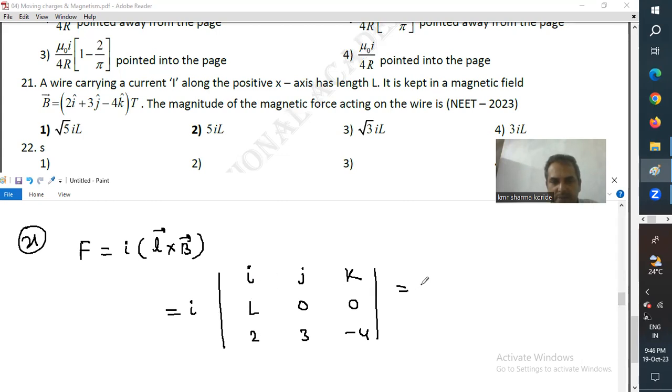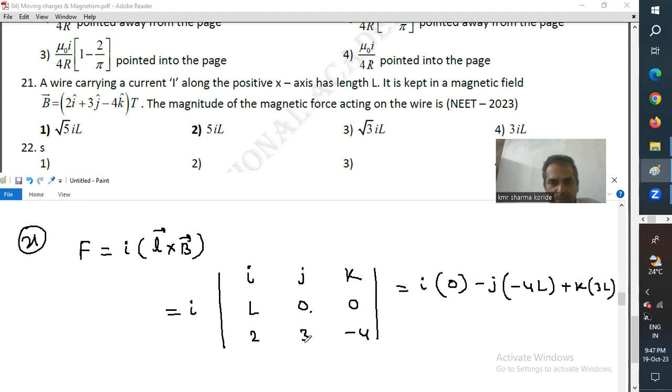I does not exist. Next. So minus 4 into 0, 3 into 0. So I does not exist. Minus J. Column and row. So minus 4L. Only minus 4L. 2 into 0 does not exist. Plus K. Here, column and row, 3L will exist.